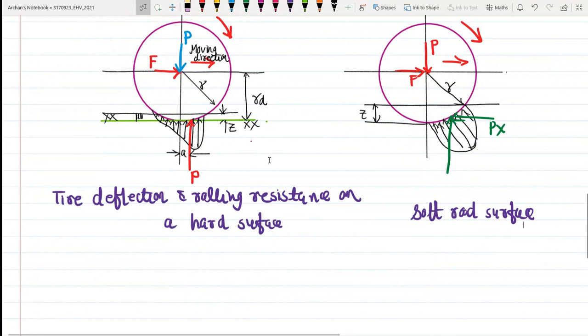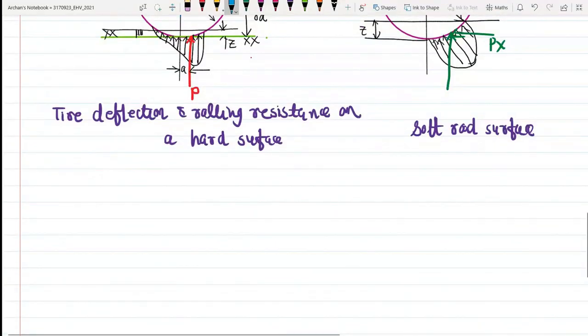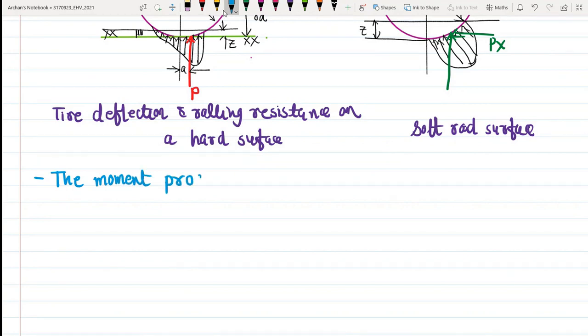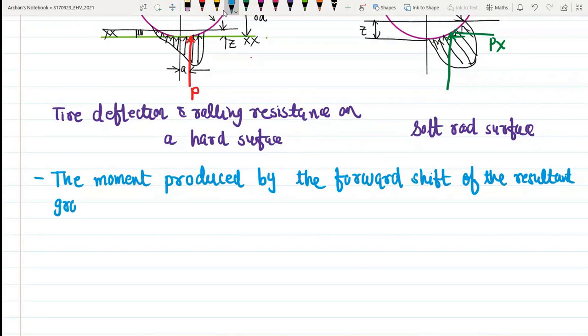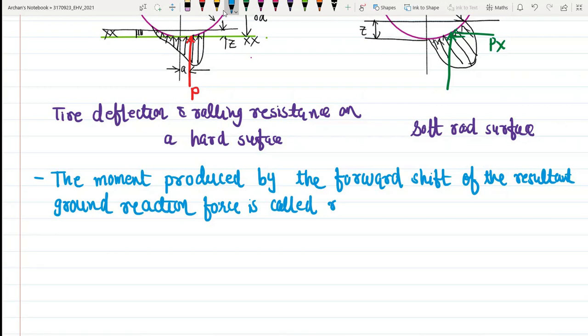This rolling resistance moment can be expressed as, let us define the rolling resistance moment: the moment produced by the forward shift of the resultant ground reaction force is called the rolling resistance moment.